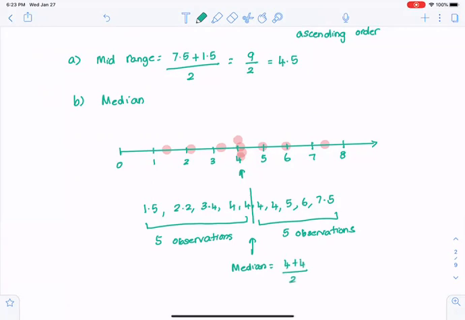A reasonable value to pick for the median is simply the average of the 2 values, the one on the right and the one on the left. If we add the 2 numbers and divide by 2, we get the median. So the median in this case is simply 4.